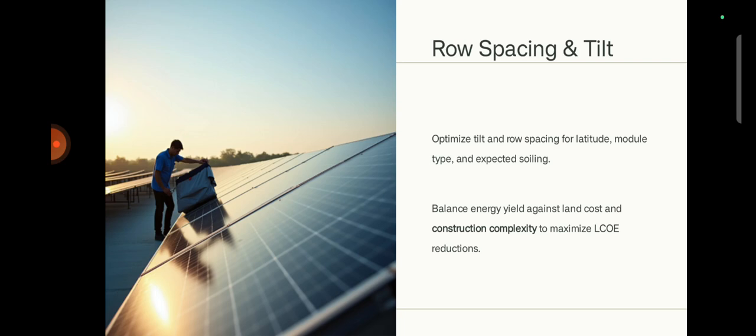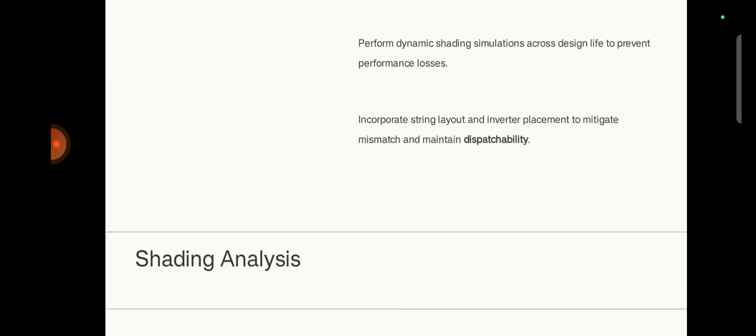Balance energy yield against land cost and construction complexity to maximize LCOE reductions. Shading analysis. Perform dynamic shading simulations across design life to prevent performance losses. Incorporate string layout and inverter placement to mitigate mismatch and maintain dispatchability.